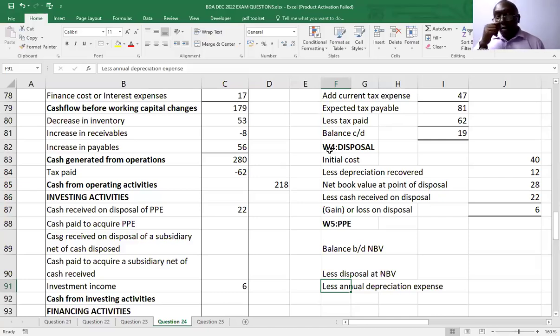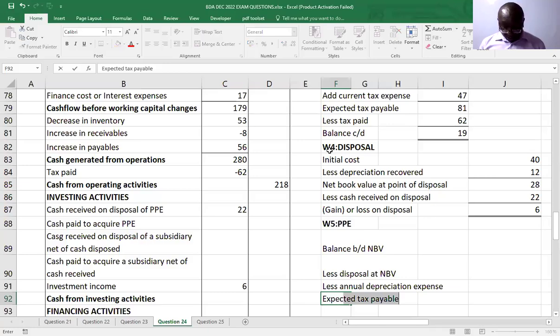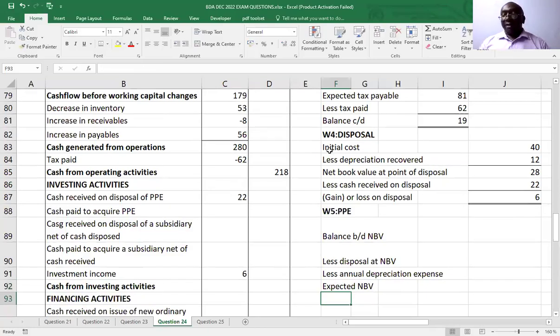So then from there, we should have the expected net book value. That is after we have dealt with the decreases. But I've said there is also the other side of revaluations.